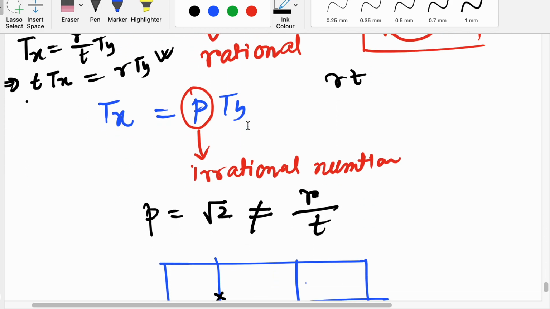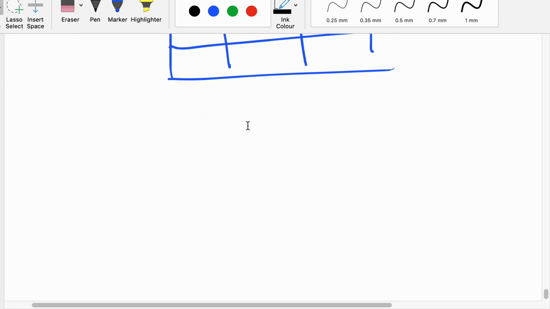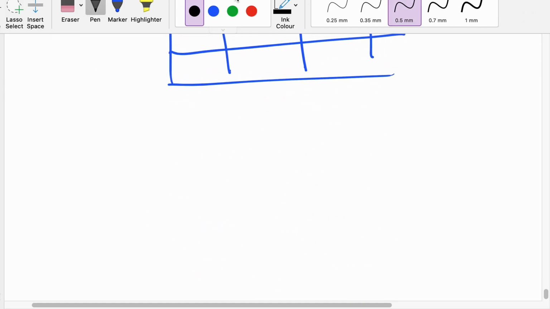P by Q form, right. Yes, it is confusing. It was confusing for me, but I corrected myself.